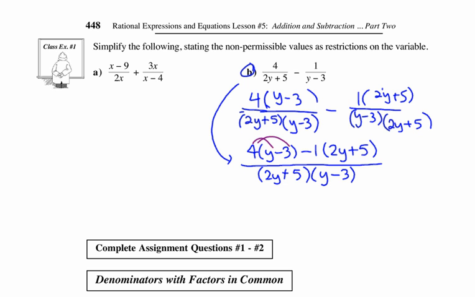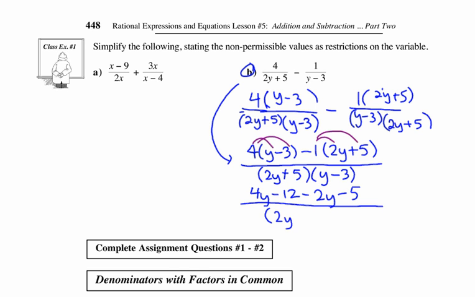Okay, we're going to bring in the 4, and we're going to bring in the negative 1. 4 times y is 4y, 4 times negative 3 is negative 12, negative 1 times 2 is negative 2y, negative 1 times 5 is minus 5, all over our common denominator.